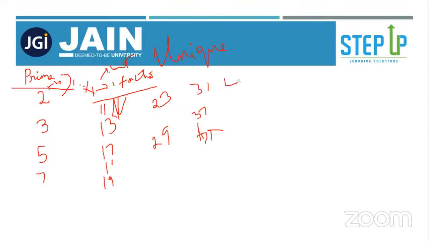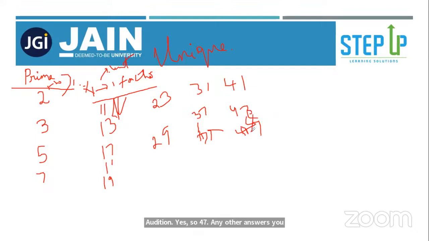Next, 41, 43, 47. 47, yes. So 47. Any other answers you get from 1 to 50? We'll finish from 1 to 50, then we'll go on with the rest. From 1 to 50, any doubts? Check it.